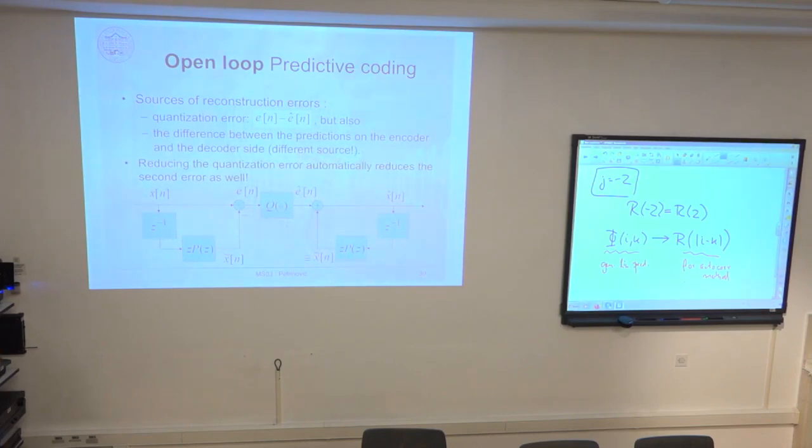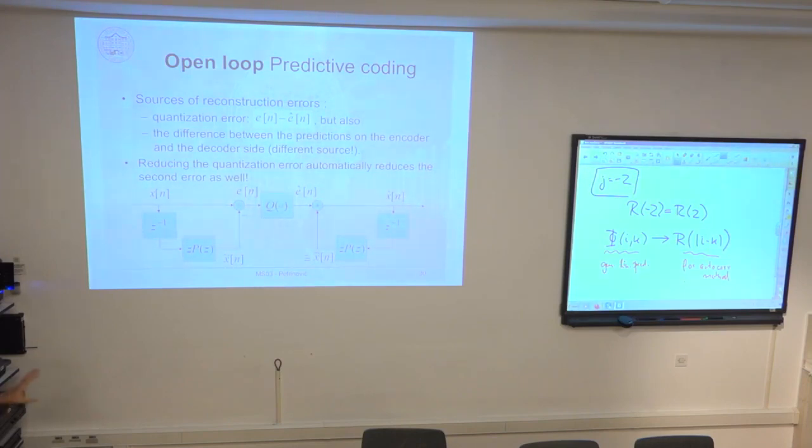Since the prediction source is not the same, here the prediction source is x of n. On the decoder side, the prediction source is x hat of n, which is close to the original x of n, but not equal, because I have some error here caused by quantization. Because of that, this prediction here is not the same as the prediction here.